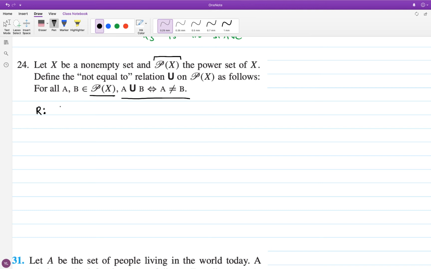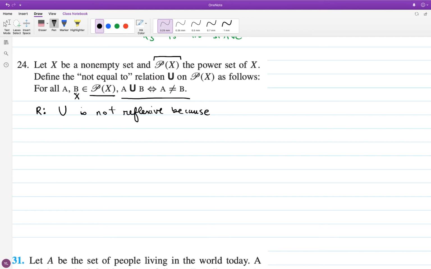I claim this U relation is not reflexive because, for example, take a specific element of the power set of X. How about X? X is an element of the power set. The empty set is also an element of the power set, if you like. Oh, sorry, wait a minute. Let X be a non-empty set.